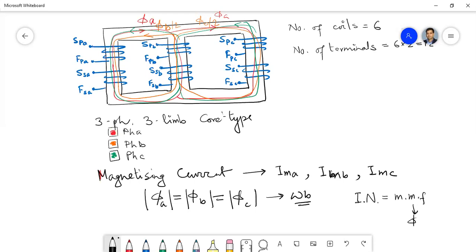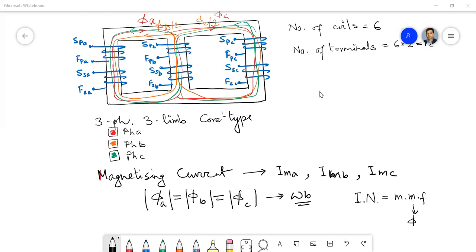If you observe the flux paths carefully, the A phase coil is at one end and the C phase coil is at another end, isn't it? And the B phase is in the middle, at the center.